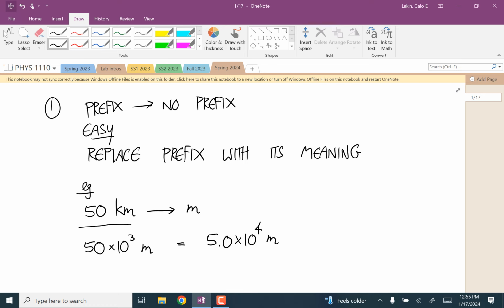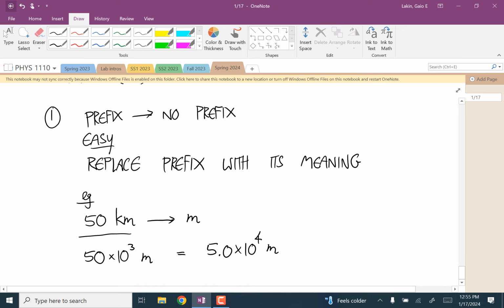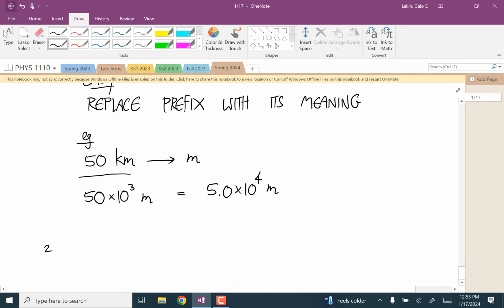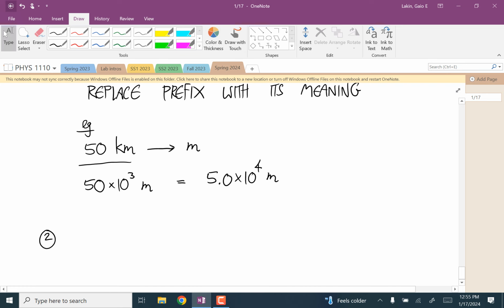It's one step more of a pain or whatever to do it the other way. It's not like it's hard, but so the second way is, say that you have a number with no prefix and you want to express it using some kind of prefix.